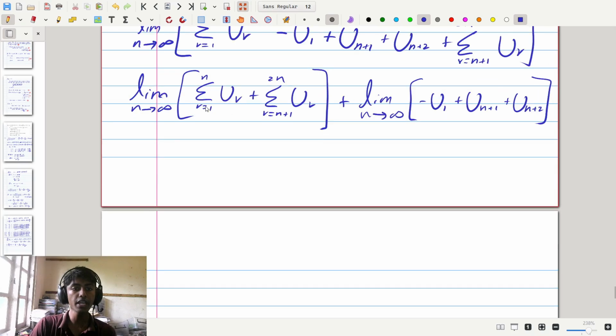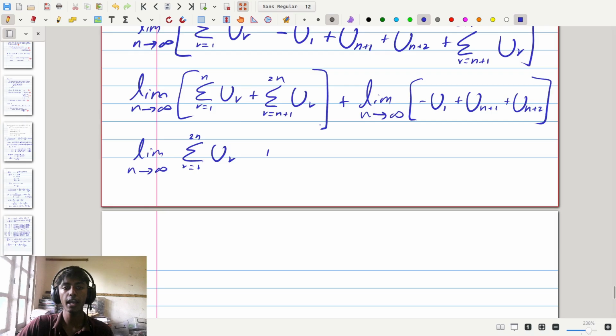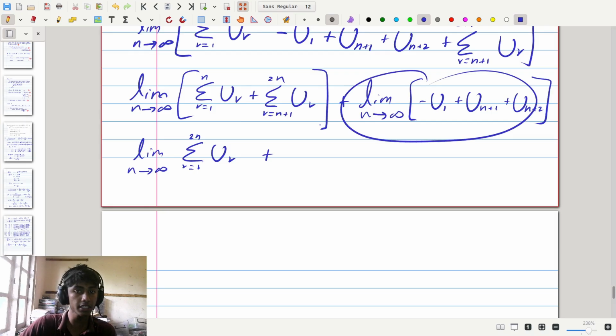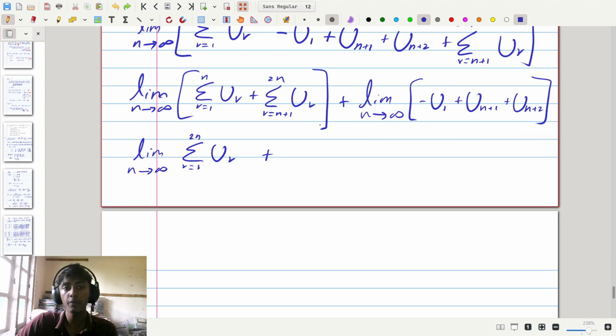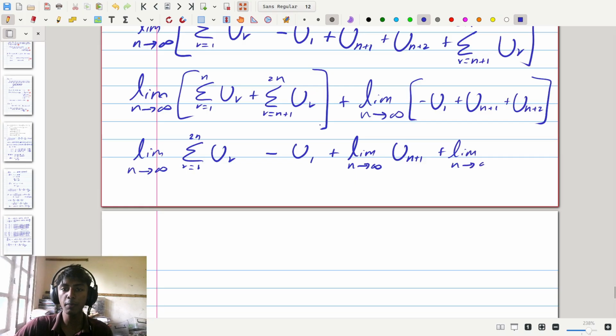Now I'm going to write this bit first as the limit as n approaches infinity of the common sum from r equals 1 all the way up to 2n of u of r, and then to that we add these terms. Since u of 1 is a constant with respect to n, we can write it as minus u of 1 plus the limit as n approaches infinity of u of n plus 1 plus the limit as n approaches infinity of u of n plus 2.